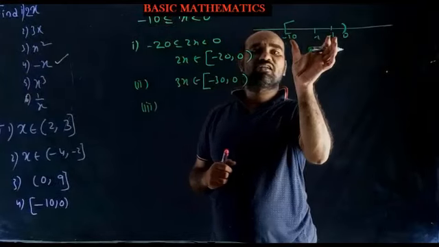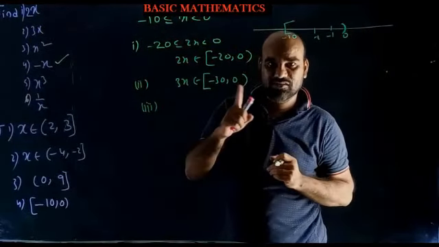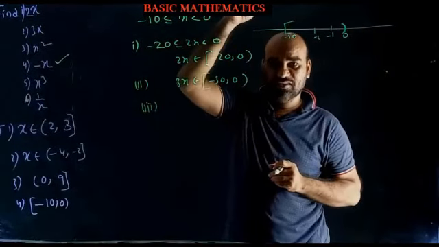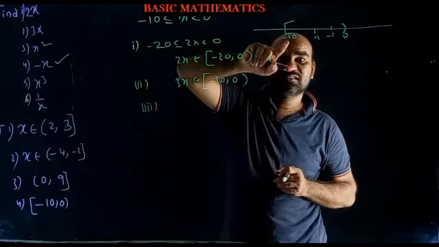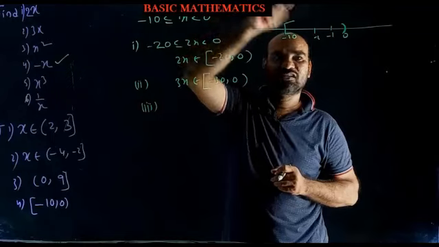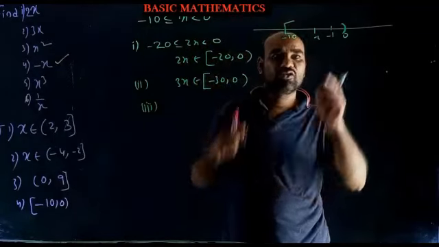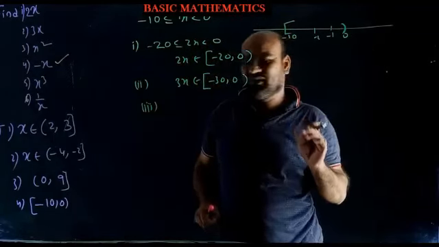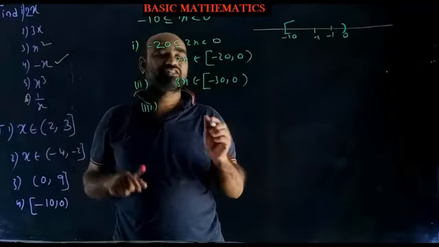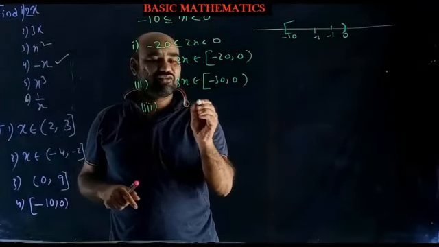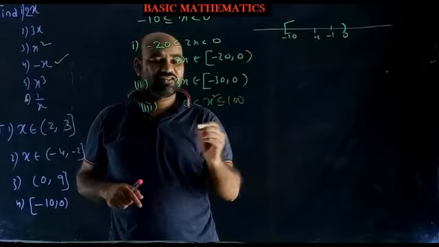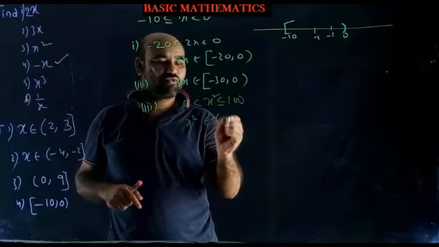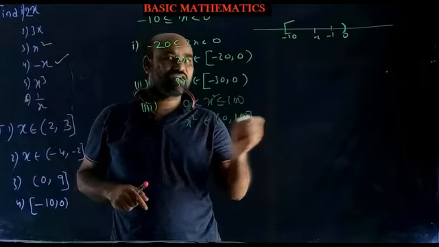These numbers are squared: minus 10 squared is 100, minus 9 squared is 81, minus 10 squared is the bigger one. 0 squared, but 0 won't be included, while numbers left of 0 will. That's why, squaring all the real numbers, 0 less than x square less than or equal to 100. So x square belongs to open 0 to closed 100.